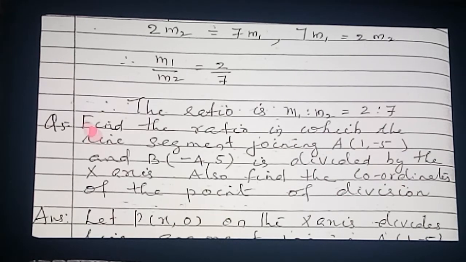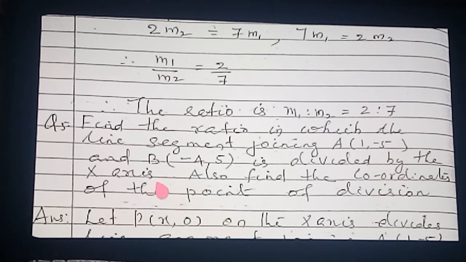So first of all we will find out the ratio. Find the ratio in which the line segment joining A(1, -5) and B(-4, 5) is divided by the x-axis. Divided by the x-axis is asked, then you know that a point on the x-axis only will divide the line segment.